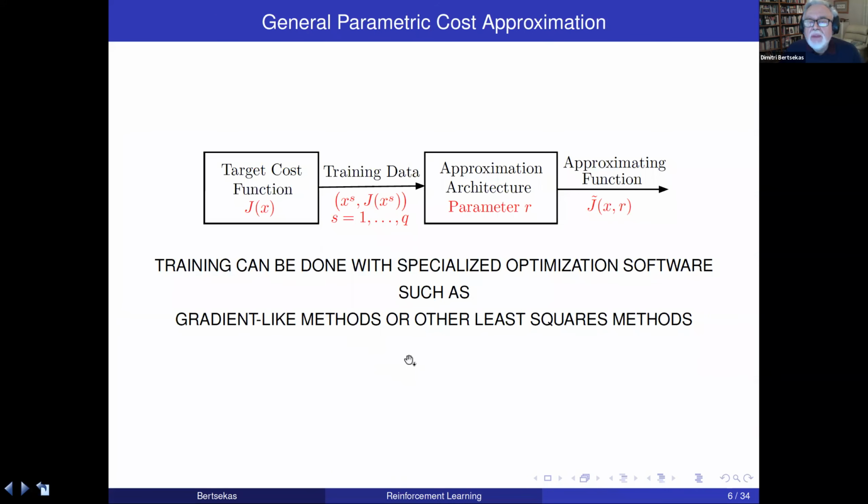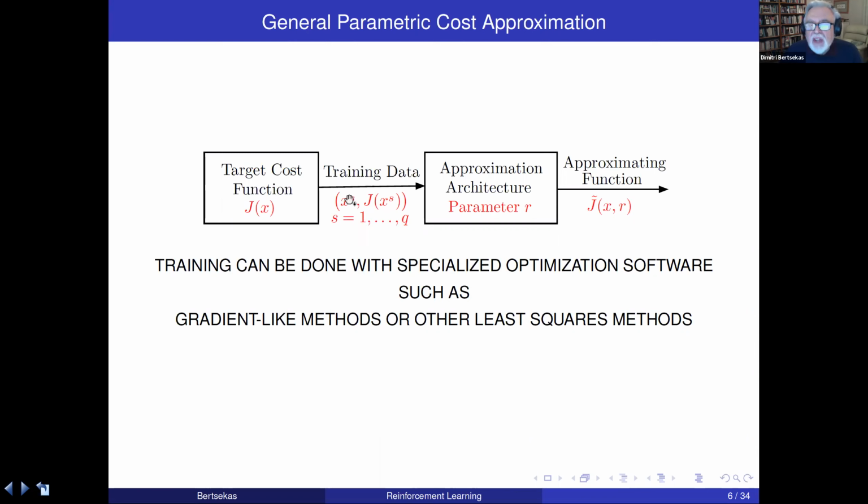Let's see how this parametric approximation works for the case of costs. We have a certain target cost function, be it an optimal cost function or be it a cost function of a policy, and we obtain training data from that target cost function, which are state-cost pairs. There are many of those, q in number.